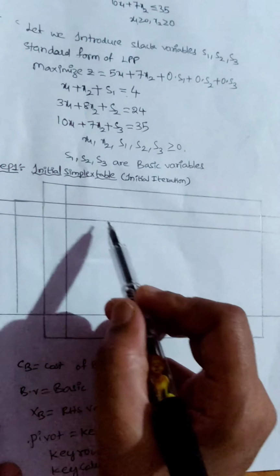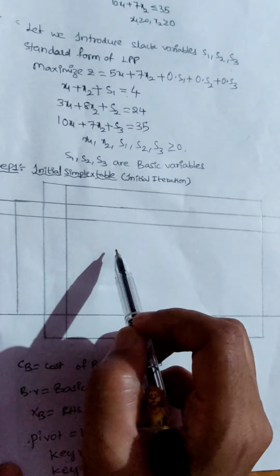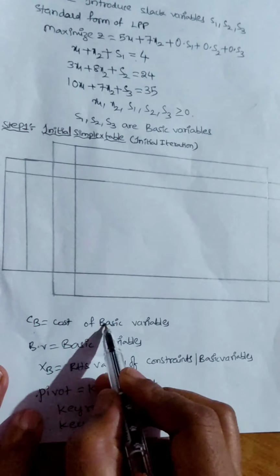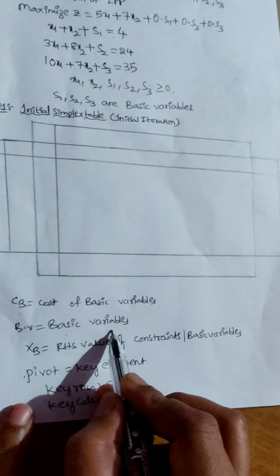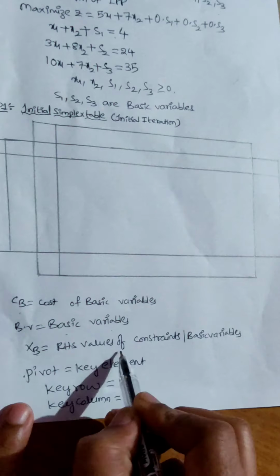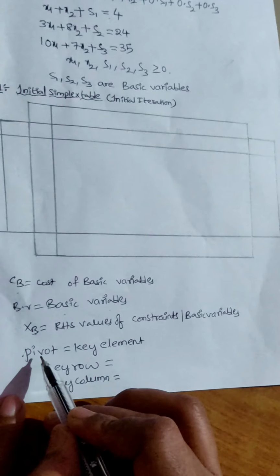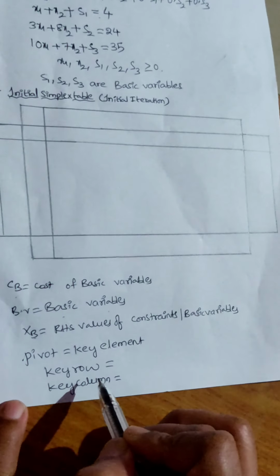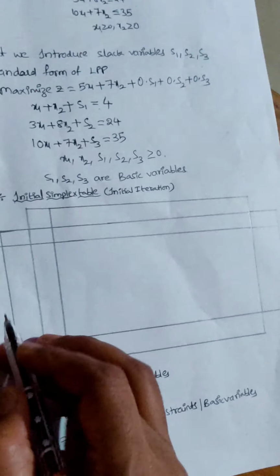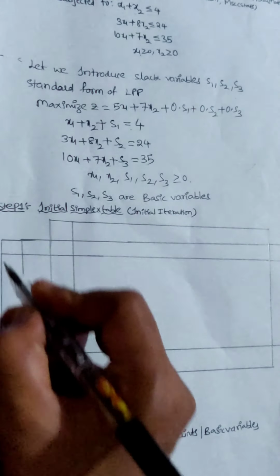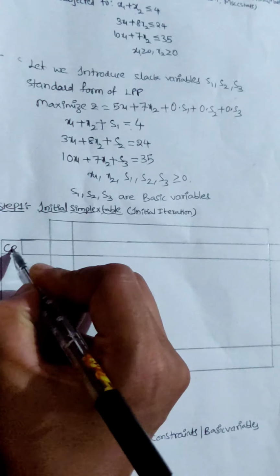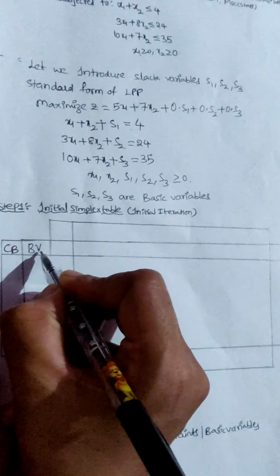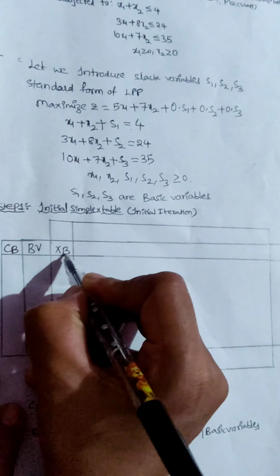Now write the initial simplex table in this form. After writing this table, we have to write the cost of basic variables, XB, the RHS values of the basic variables, and the key element, key row and key column. First, write the cost of basic variables, denoted by CB, then the basic variables, and XB.